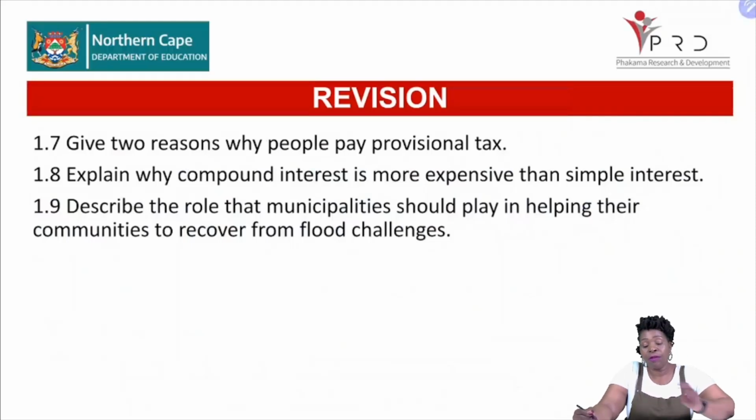1.7 says, give 2 reasons why people pay provisional tax. And 1.8 says, explain why compound interest is more expensive than simple interest. And our 1.9 says, describe the role that municipalities should play in helping their communities to recover from flood challenges.